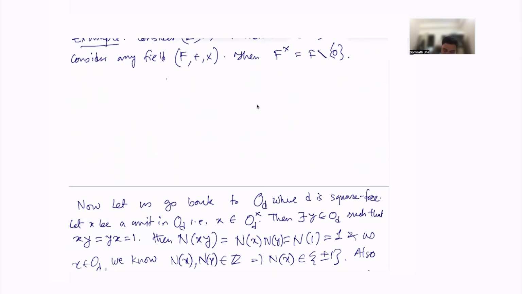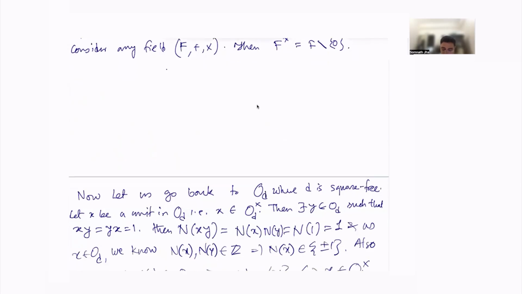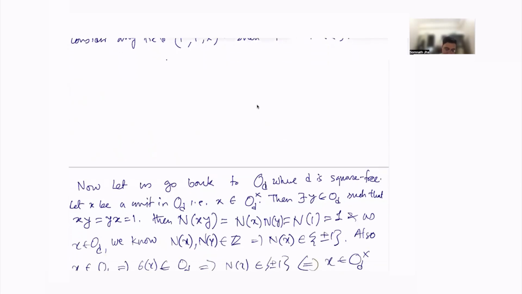So the norm of xy is the norm of x times the norm of y, so it is 1. And since x belongs to OD, the norm is a coefficient of the minimal polynomial. So x satisfies x squared minus trace of x times x plus norm. Okay, let's use the notation alpha.